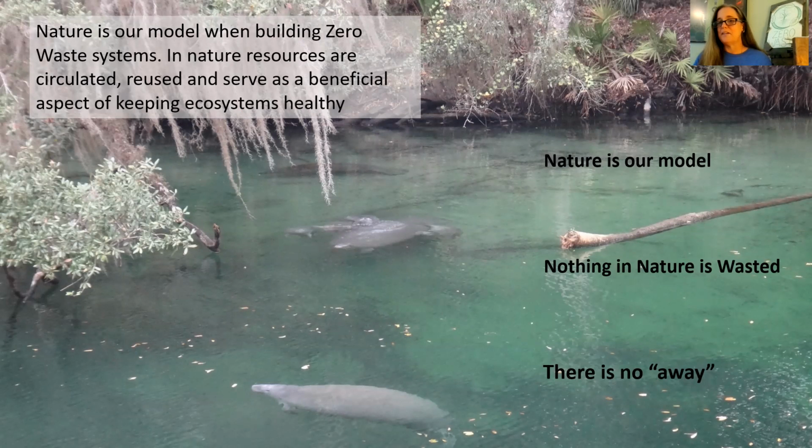And we all know that now that nothing in nature is wasted. And we all know from our past class on landfilling that there is no away. Landfills do produce pollutants, and landfills are in somebody's backyard, in ecosystems' backyard, people's backyard. So we don't want to contribute to any of that pollution. So instead, we want to model our systems after nature and send less and less and less to the landfill.